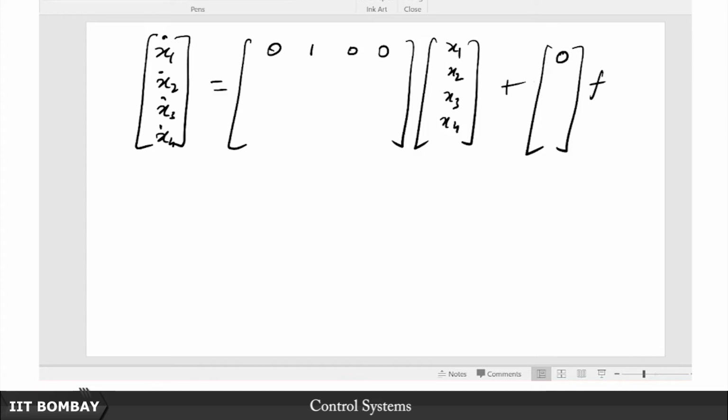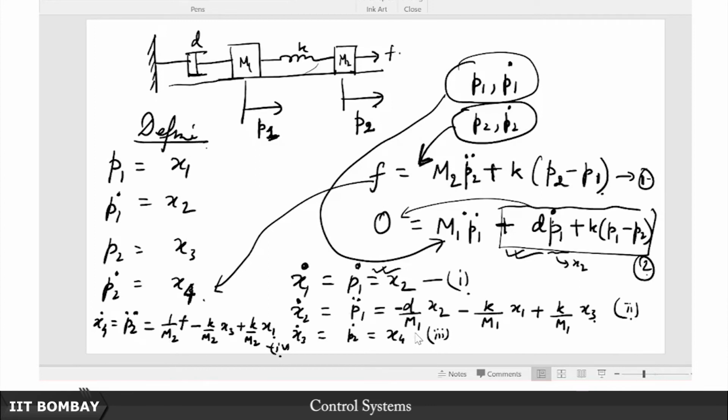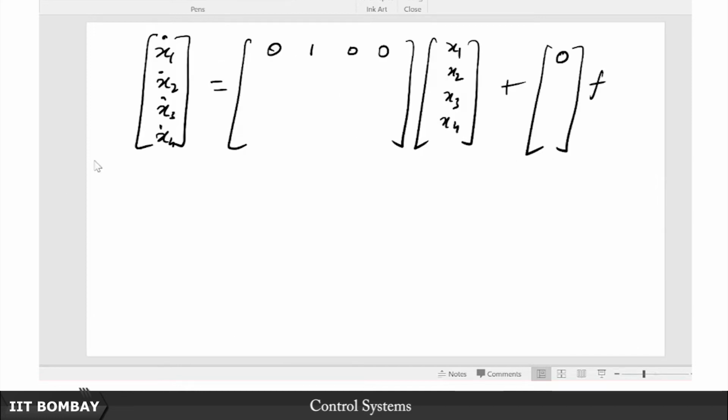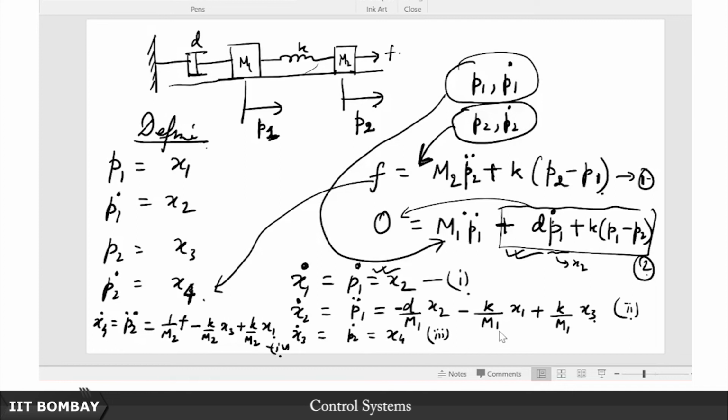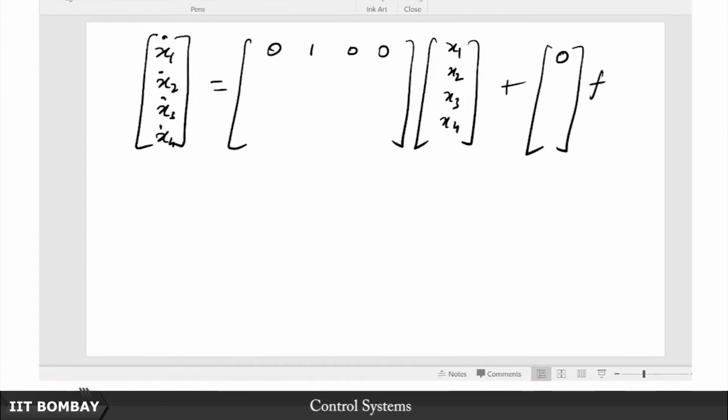The second row, x2 dot. What is x2 dot? From the second equation, I have minus k by m1 appearing in the first column, then minus d by m1 appearing in the second column, and a plus k by m1 appearing in the third column. So let me repeat: minus k by m1, minus d by m1, plus k by m1, and a 0.